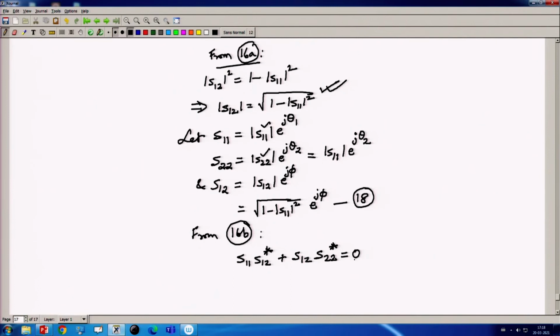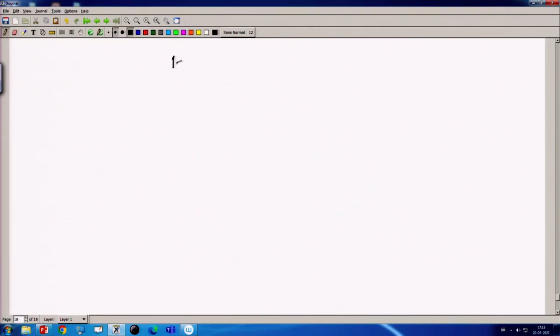Now, we do substitutions, we just substitute their magnitude and phases. So, S11 is mod S11 e to the power j theta 1, S12 star, so it is mod S12 e to the power minus j phi.